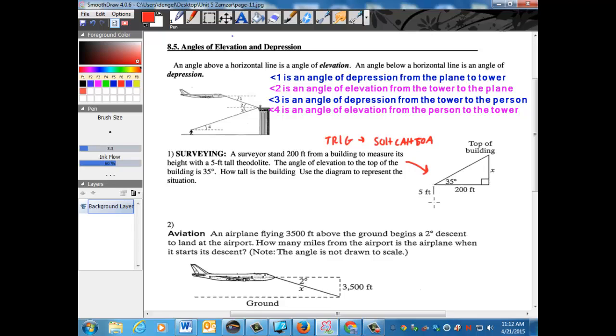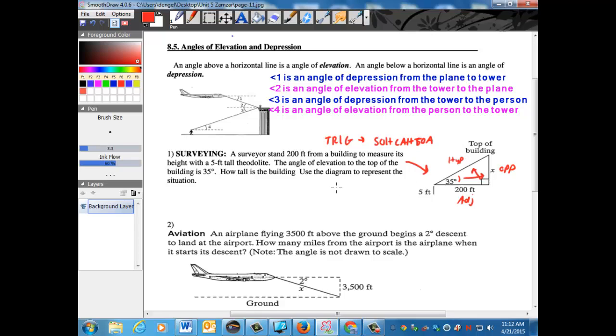So we'll have to factor that in once we solve for the height of the building. So when I look at x and I look at 35 degrees, I should recognize that this is the opposite side. And then the 200 feet would be my adjacent side. And then the side opposite our 90-degree angle will always be our hypotenuse.